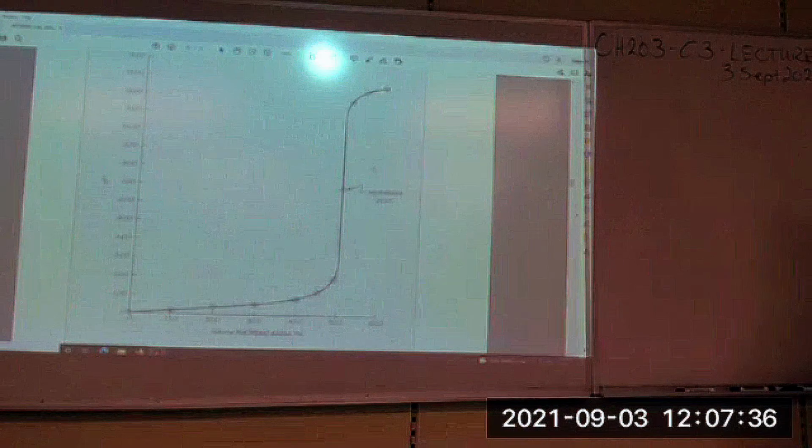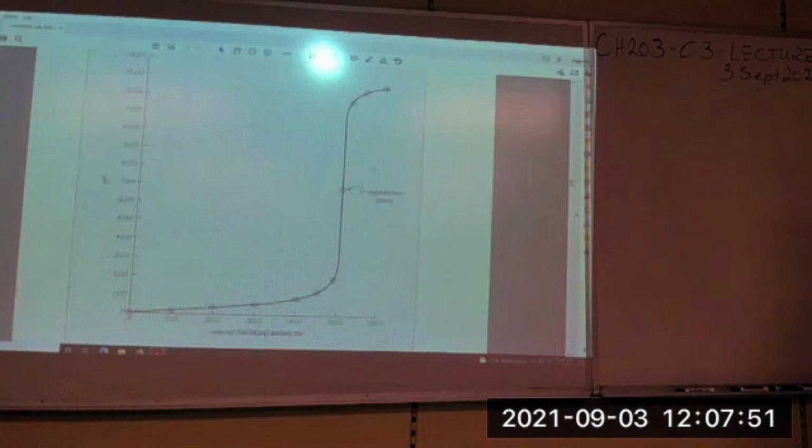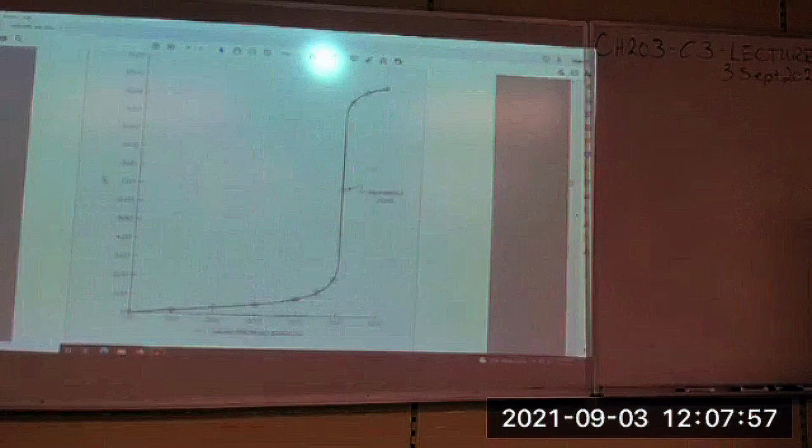So the independent variable is the amount of added base. That's what we're doing to it. So it goes on this axis. And we're measuring it in milliliters. Total amount of base added. And then what's the pH of that? Dependent variable is pH, right here.